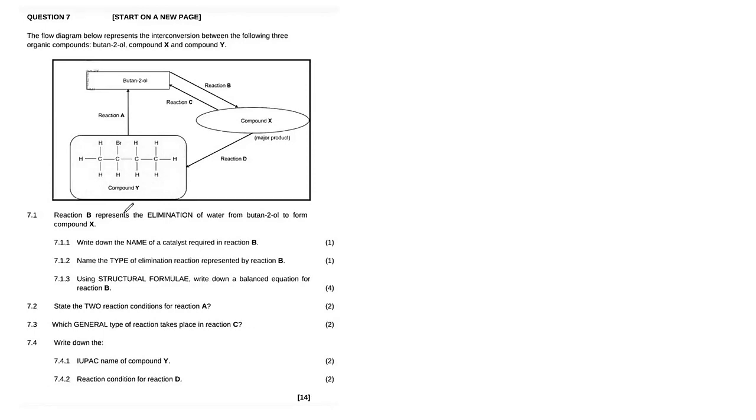So we are being told about reaction B here, that this is an elimination reaction. Now, 7.1.1 says write down the name of a catalyst required in reaction B. So with this elimination reaction here, which is dehydration, we know that for that dehydration, we need concentrated sulfuric acid, which will be acting as our dehydrating agent.